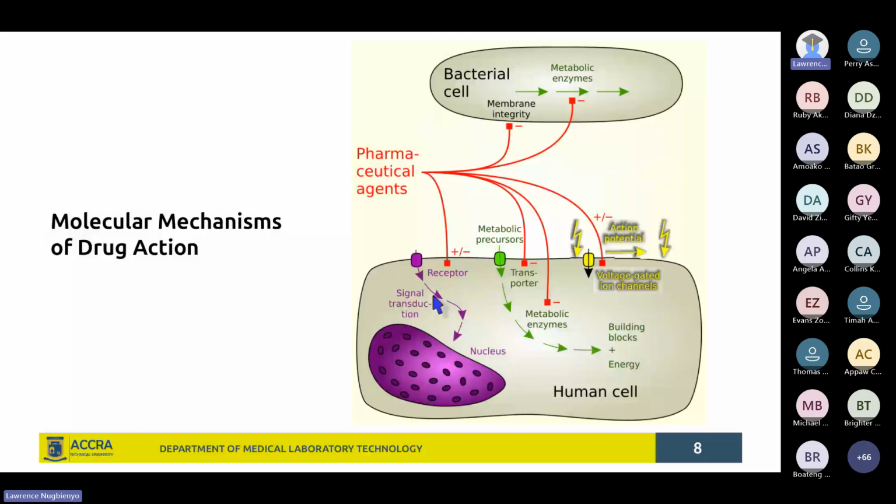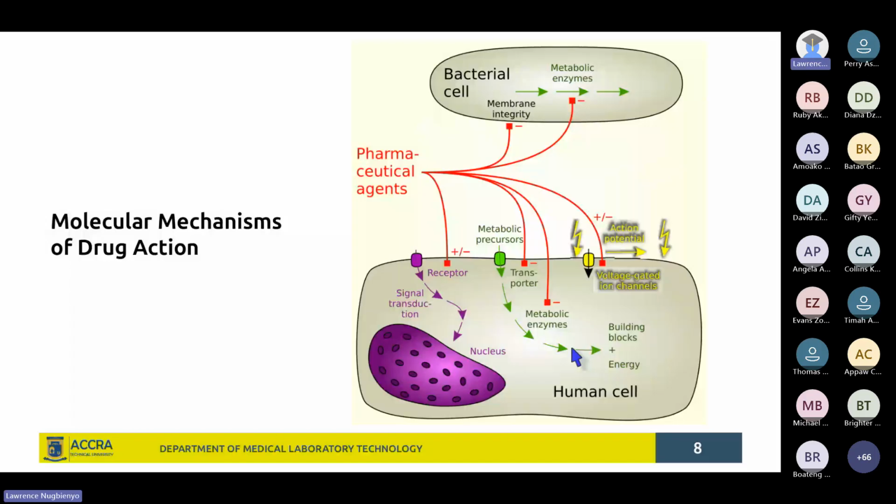Another thing that the pharmaceutical agent can do: we have membrane proteins that serve as transport proteins. These transport proteins help in the transportation of various metabolic precursors, which will get into the cell and be used for biosynthesis and the generation of energy.